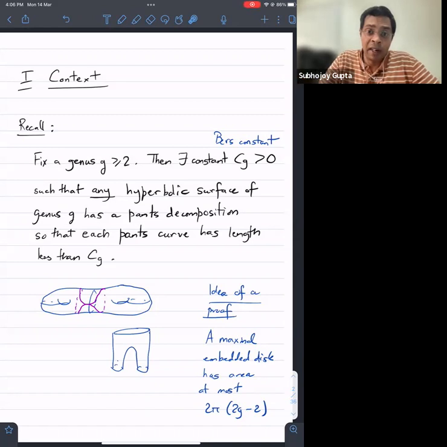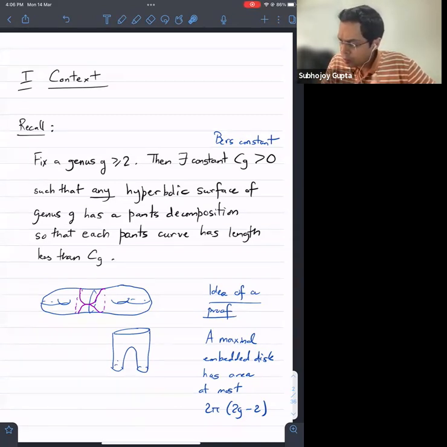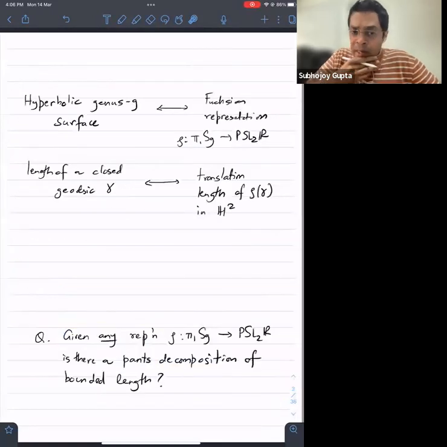And that's just for one curve, and then you can have an inductive argument to do it for an entire pants decomposition.